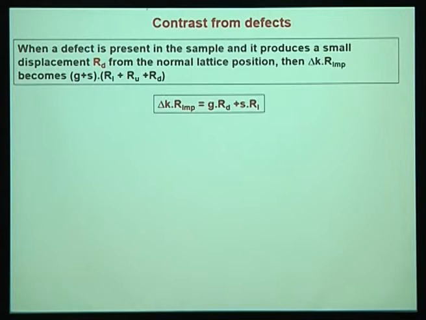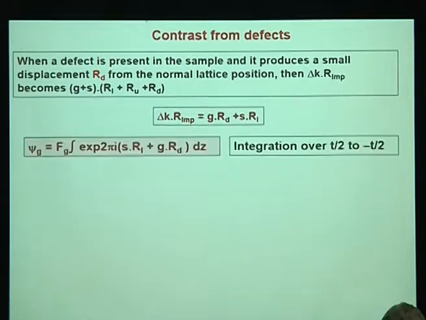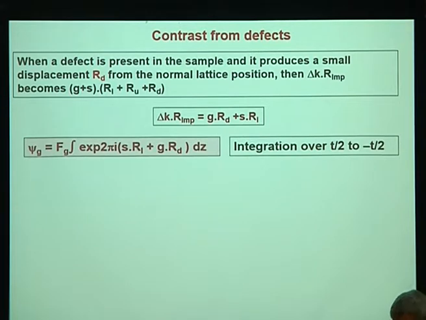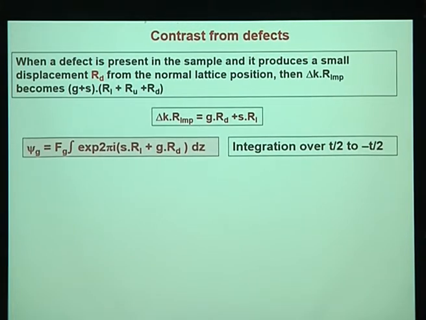When we look at the contrast from a material, yesterday I had explained how the contrast comes, because it all depends upon the term g dot R_d, correct? And this equation you are familiar with. That is the amplitude of the electron wave as it passes through the sample, and at the back of it when it comes out, how the amplitude changes.